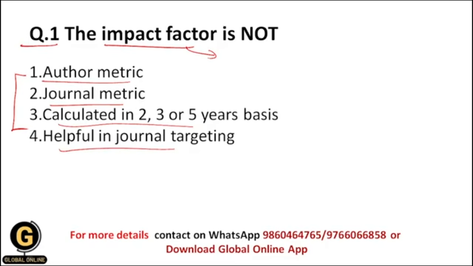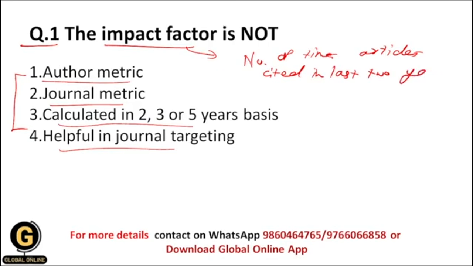So students, impact factor is calculated by dividing the number of times articles are cited in the last 2 years by the total number of publications in these 2 years.